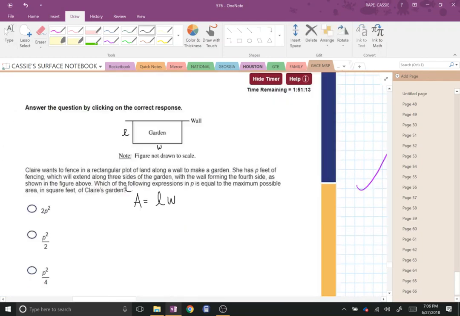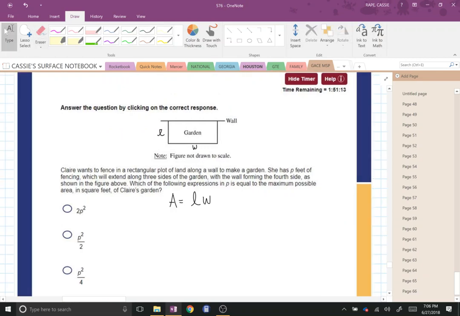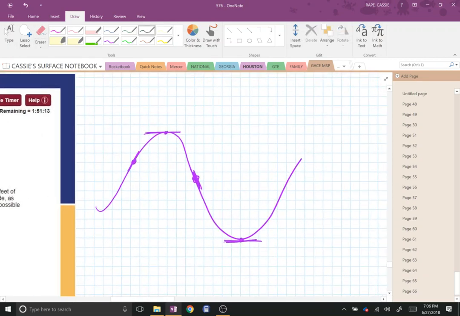Do you remember that the slope of the tangent line, you can tell by doing little segment tangent lines there, that right here it's positive, which means the function is increasing. Right here, the slope of that tangent line is negative, which means it's decreasing. However, maximum points have a slope of 0.